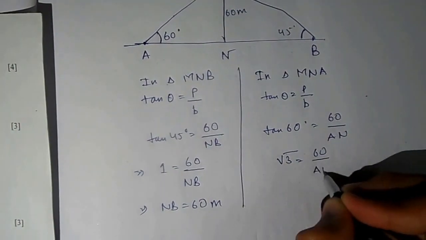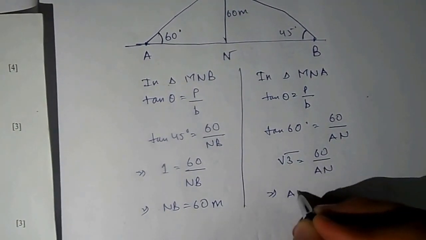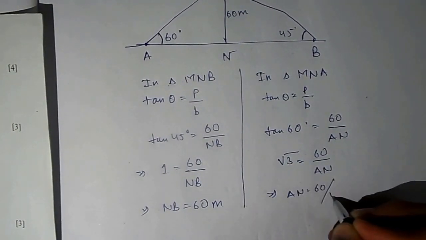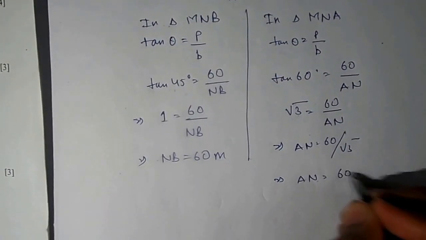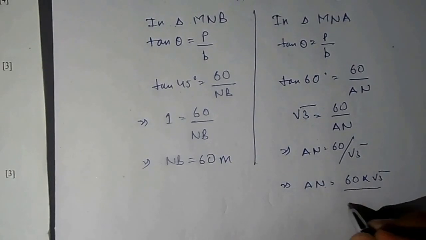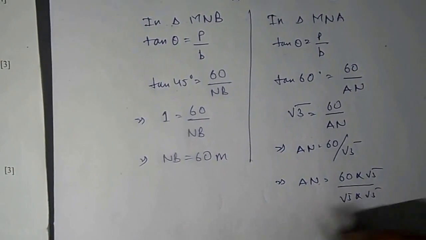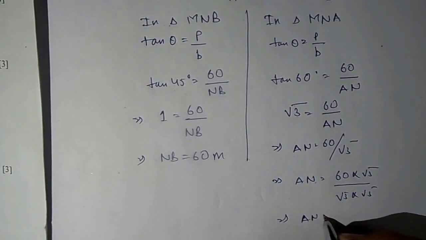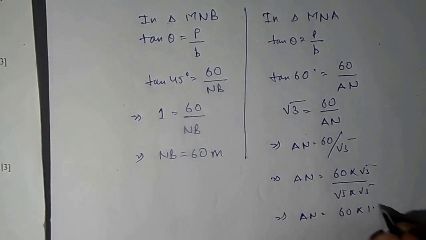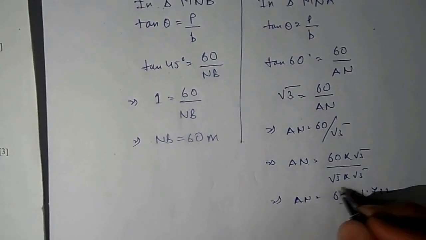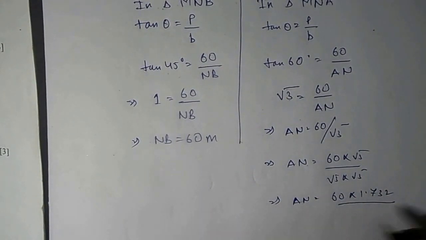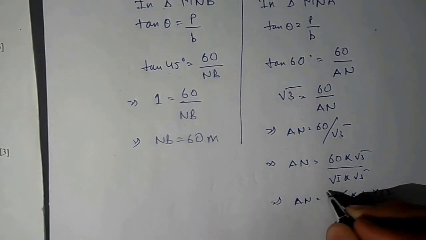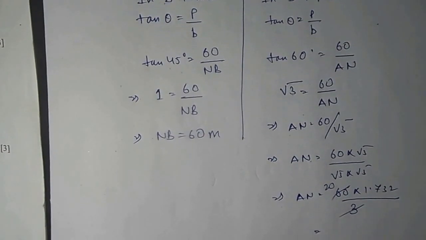So 60 by AN, therefore AN equals 60 by √3. Now rationalize it, friends. 60 into √3 by √3 into √3, you will get AN equals 60 into 1.732 divided by 2.